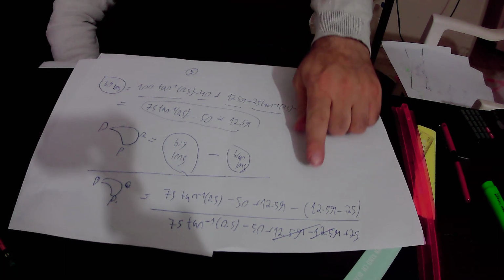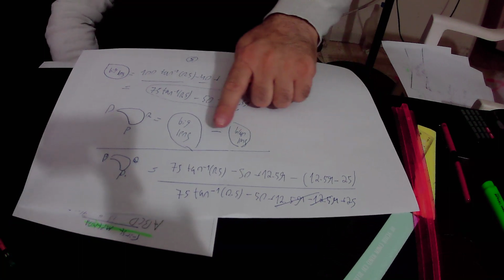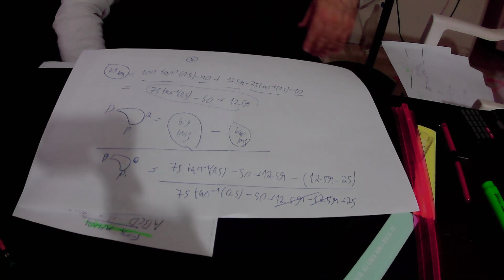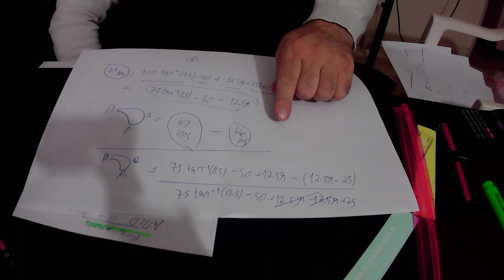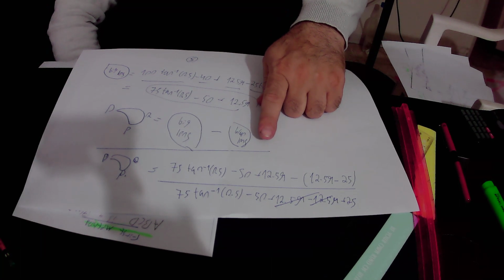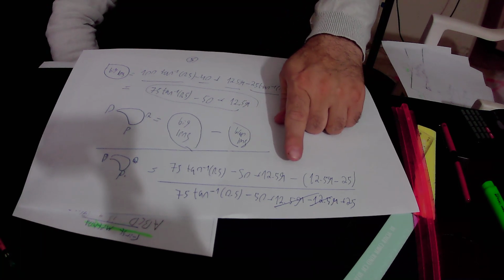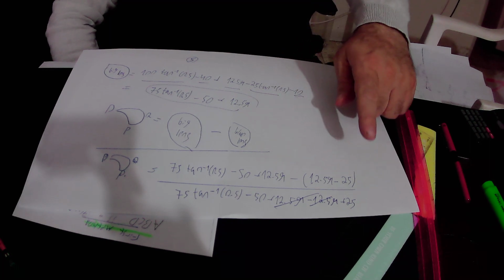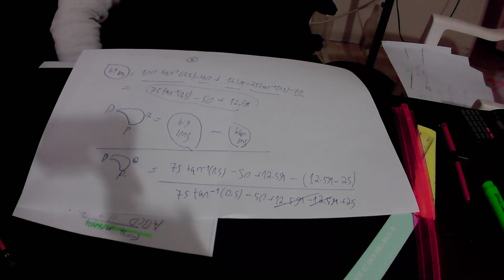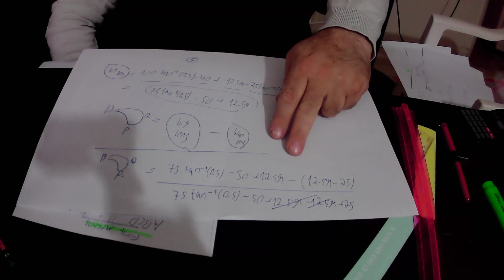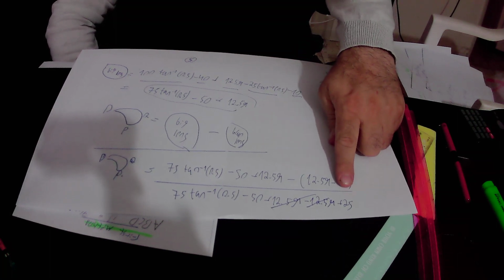So here we open the brackets and we found that 75 times tan⁻¹(0.5) minus 50, and here we have 12.5 pi minus 12.5 pi is 0, and minus and minus is plus, so here we have plus 25.